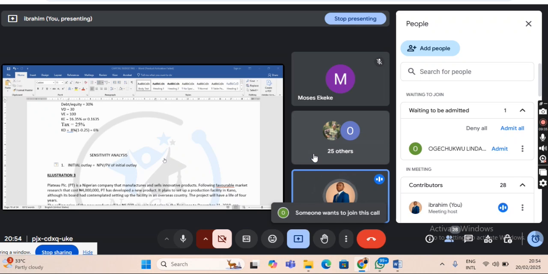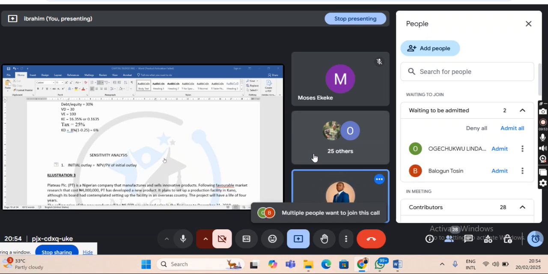This is the equipment. The equipment will cost 50,000 naira, right? On the NPV, the percentage is 50%, right? Now, this indicates that when we want to buy equipment, the cost should not be more than this 50%, right? That is what it indicates.